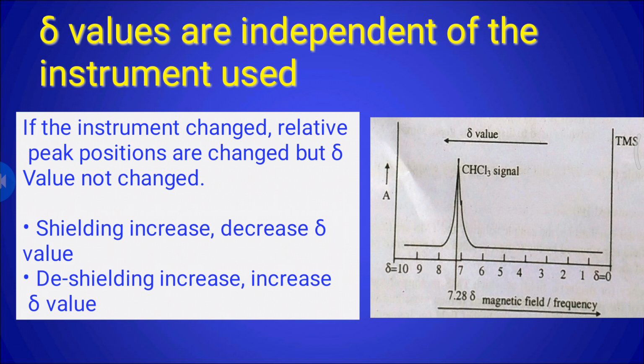This spectrum was obtained at 60 megahertz for chloroform. Chloroform is highly deshielded, so its peak position is at about 7.28 delta.